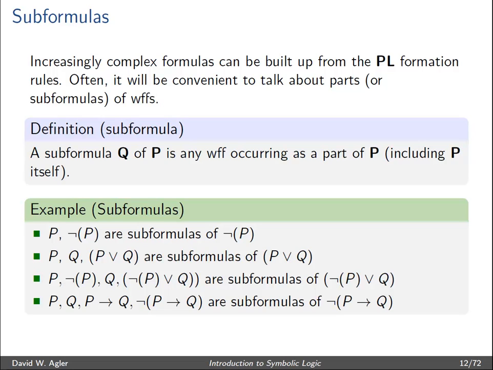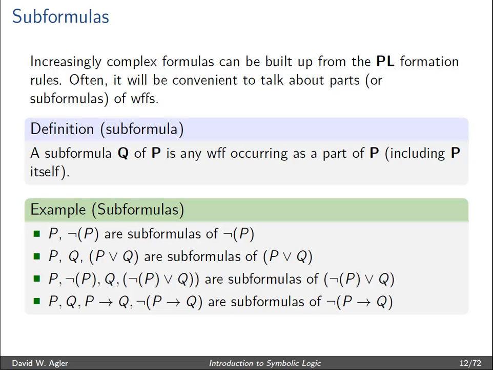Similarly, P, Q, and P or Q are subformulas of the well-formed formula P or Q. You notice that P is a well-formed formula, Q is a well-formed formula, and both of these are found in the well-formed formula P or Q. In addition, once again, since every formula is a subformula of itself, P or Q is also a subformula of P or Q. The other examples sort of illustrate this as well.